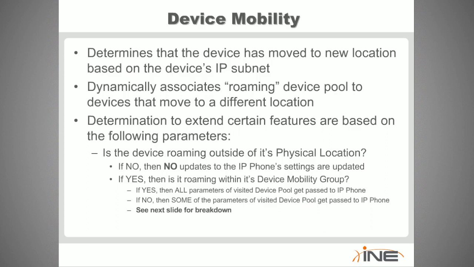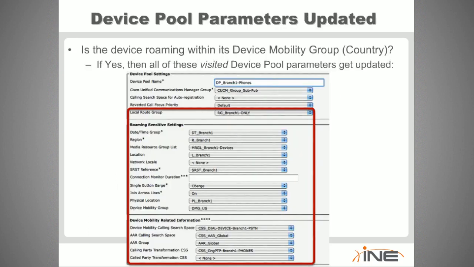Does it roam within or outside of its device mobility group? So, is the device roaming within its device mobility group? And really, if we're going according to the way that Cisco has design parameters set up, we will make the association between the nomenclature of device mobility group, which is what Cisco CUCM calls it, and just the idea of a country, of a nationality.